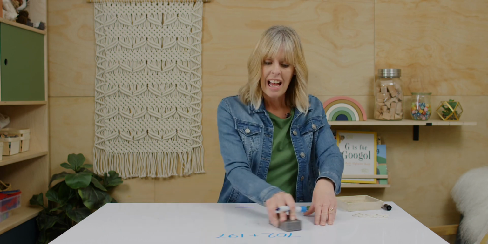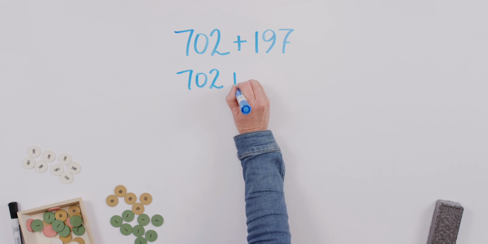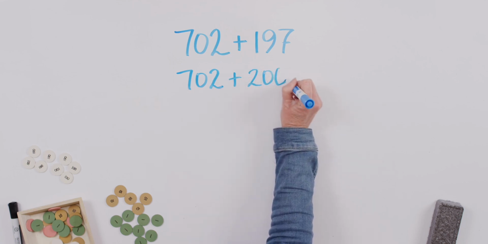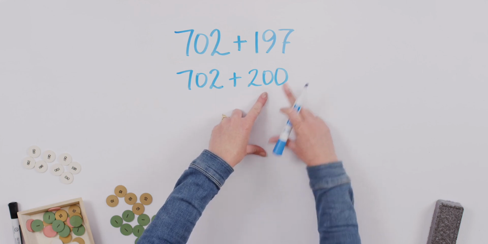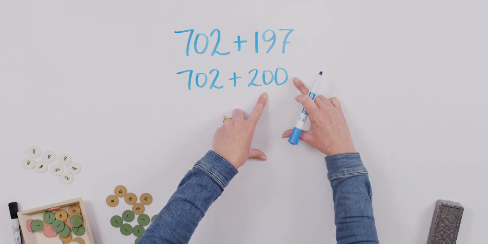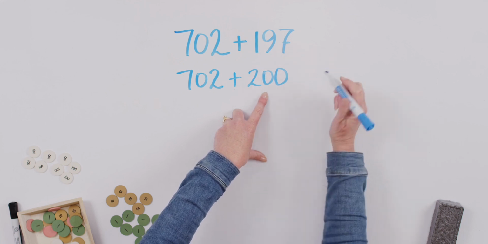You might have thought, I'm going to keep my 702, and I think this is pretty close to 200, so I'm just going to add my 200 here. But I know I'm not adding 200, I'm only adding 197, which is how much less than our 200? 3 less.